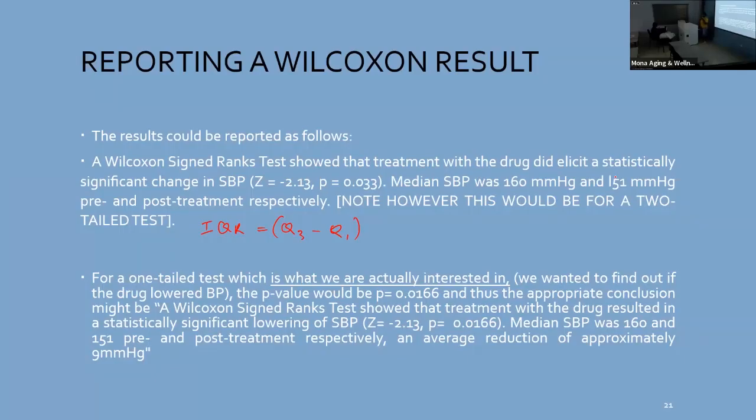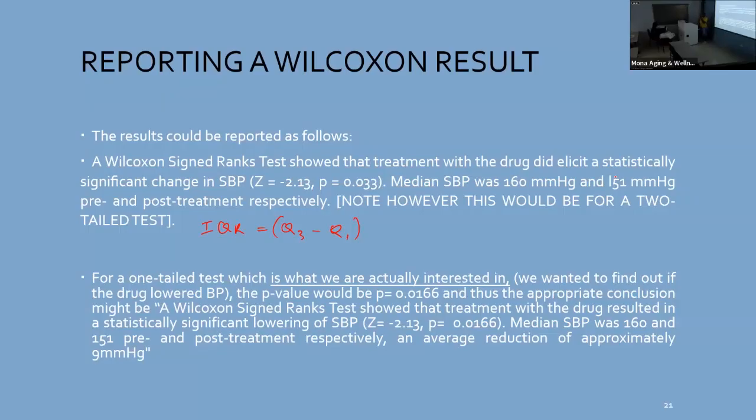Q1 is the value that separates your data such that 25% of the data points fall below that value, 75% falls above that value. And then Q3 is the value that cuts the data such that 75% lies below that value and 25% lies above that value. So remember that the IQR is a measure of spread. The median is a measure of central tendency.